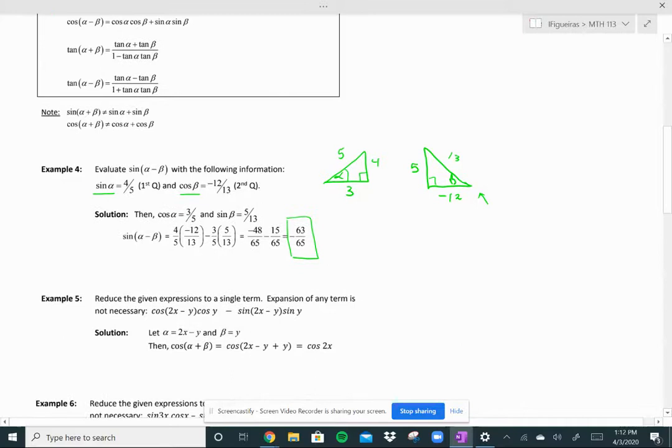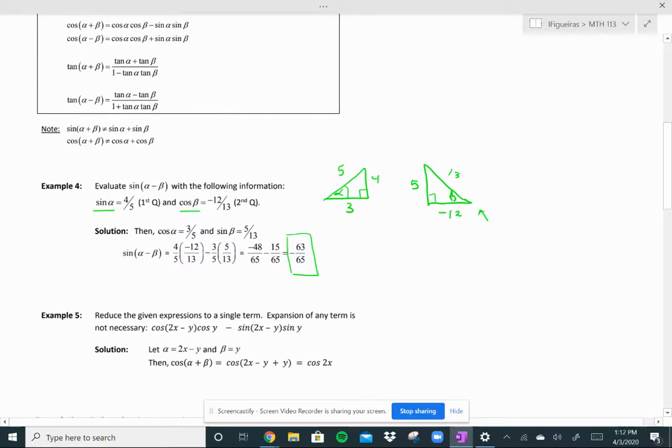All right, so let's move on. This example 5 is asking us to reduce the given expression into a single term, so a single expression. You're given the product of cosine of 2x minus y times the cosine of y, minus the sine of 2x minus y times the sine of y.